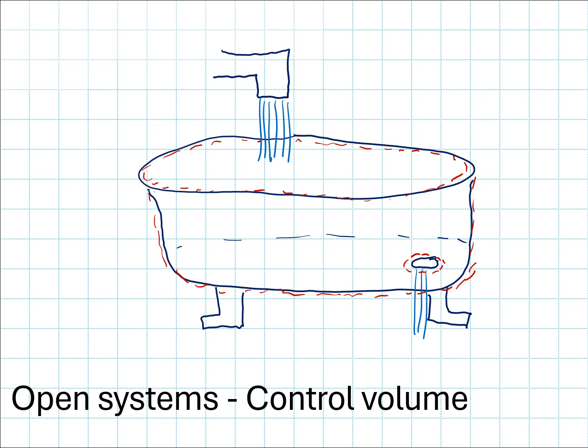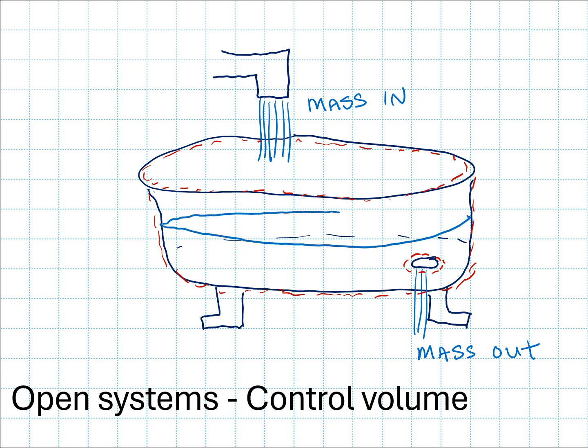So if I have more mass coming in through the faucet than I have mass leaving in the bottom through the drain, over some period of time, let's think about what's going to happen to the amount of mass within my bathtub. So this is my water level in the bathtub. And let's say I'm running both the faucet and I have the drain open at the same time, and my faucet is bringing more mass into my tub than is draining out through the drain.